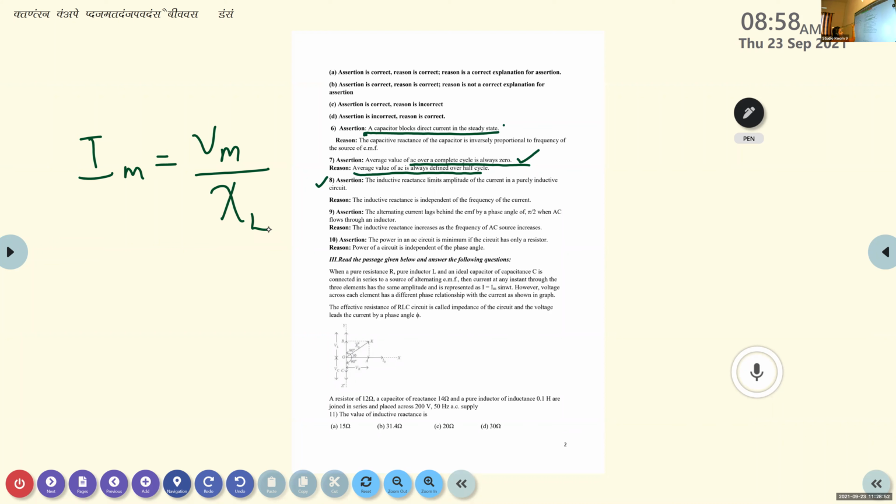Okay. So from this equation, we can say how the current and the inductive reactance are related. Are they directly proportional or inversely proportional? Or you just think what happens if the inductive reactance increases.